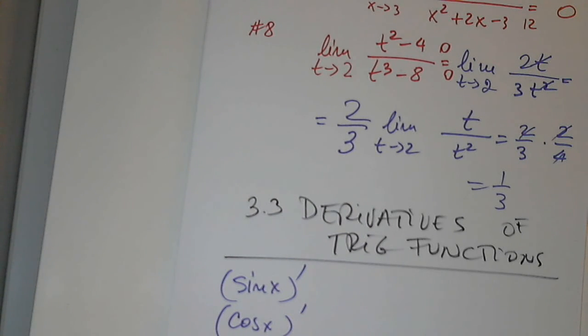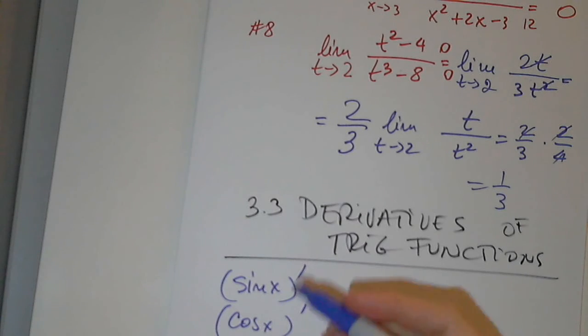It's not a very short proof. We can work through it if you'd like. And then the rest of trig functions, we're going to use the quotient rule, because tangent and cotangent are ratios of two trig functions. Secant and cosecant, we can use the quotient rule, actually. We don't have to use the chain rule.